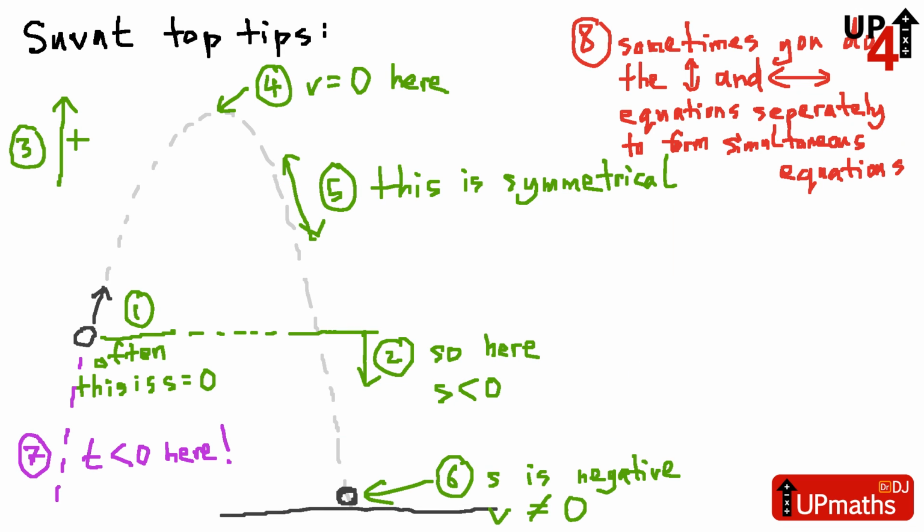Here we go. Here's a bunch of top tips for working with SUVAT. I'm going to use a different colour. Let's use blue. I'll go through them the way I've numbered them on the screen. Remember that at the start, s is often 0. So that means s is 0 here, specifically. Careful. I like to draw an arrow with a little plus, just showing which direction is going to be positive.